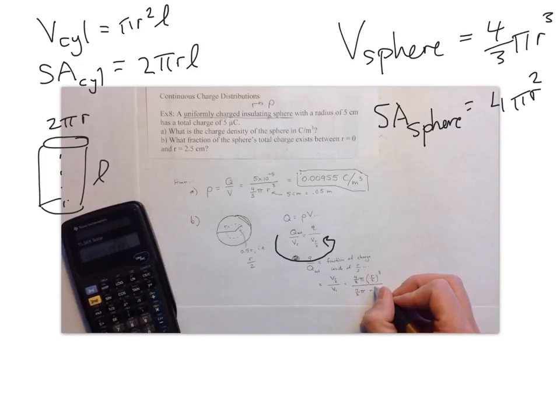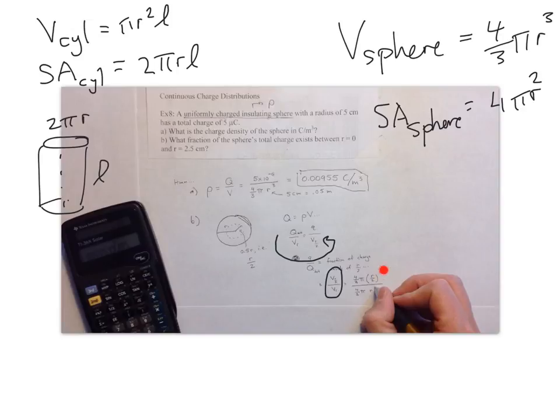And little q over big Q then is going to equal that right there, which I get by multiplying both sides by, I called it V r over 2, meaning the volume of the sphere that exists at half the radius.